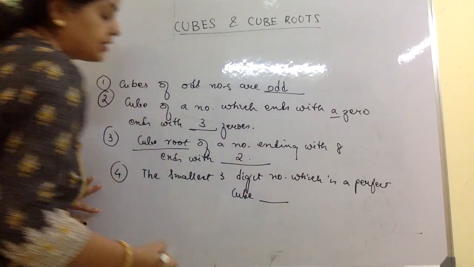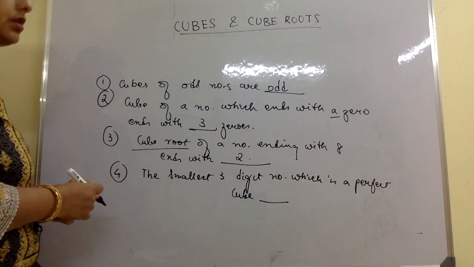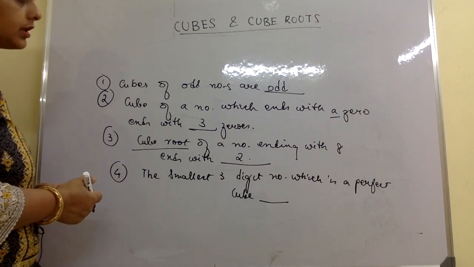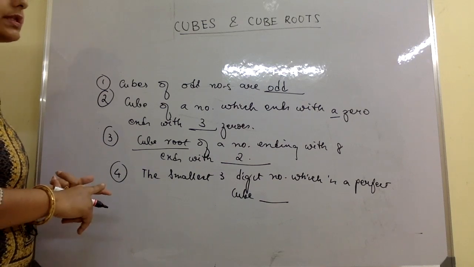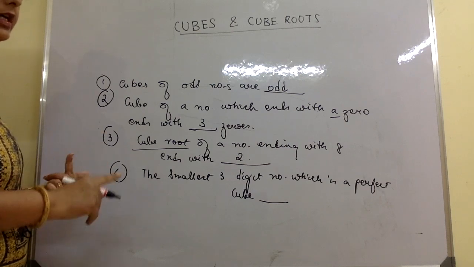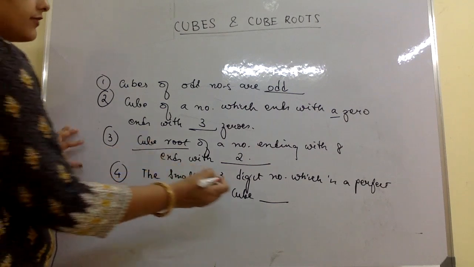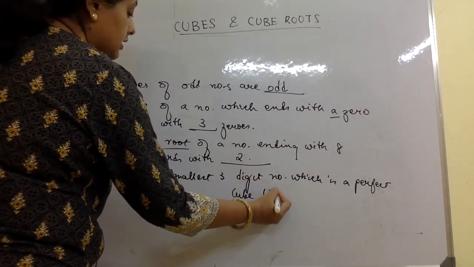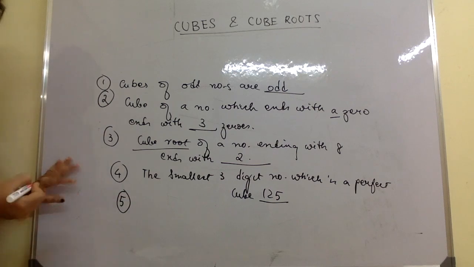Now 3-digit numbers start from 100 and it has to be a perfect cube. So 4 cube is 4 into 4 is 16, 16 into 4 is 64. So 5 cube is 5 into 5 is 25, 25 into 5 is 125. So the smallest 3-digit number which is a perfect cube is 125. So you have to find out like this.